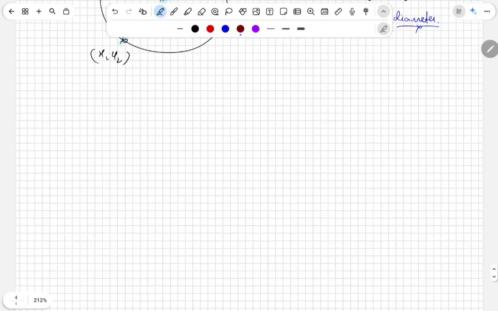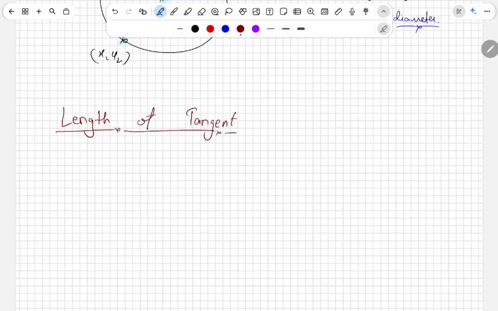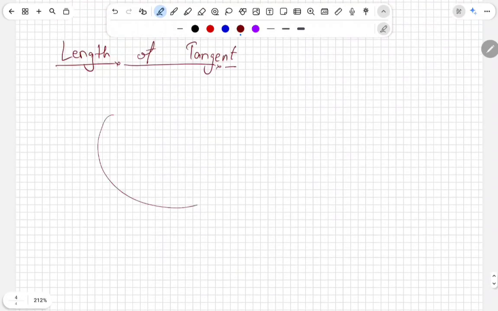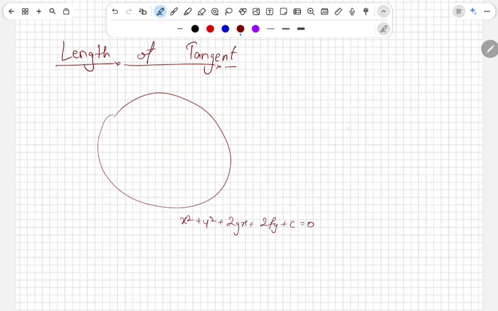Let's discuss the next topic, that is the length of tangent. In case we have to calculate the length of a tangent, what will we do? This is my circle whose equation is given, x² + y² + 2gx + 2fy + c = 0, and there is a point (h, k). From this point a tangent is drawn to this circle. We have to find the length of this tangent.